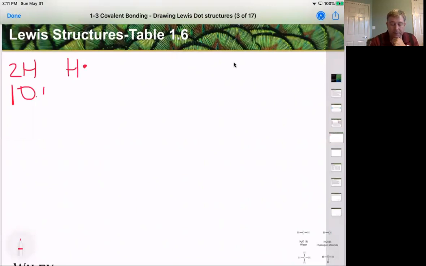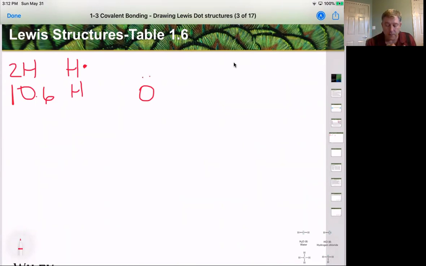Oxygen has 6 electrons on it if we look at where it is on the table. So if oxygen has 6 electrons, and we put 2 hydrogens on the outside of an oxygen, each contributing an electron, we should have 8 electrons. Let's see if that's true.